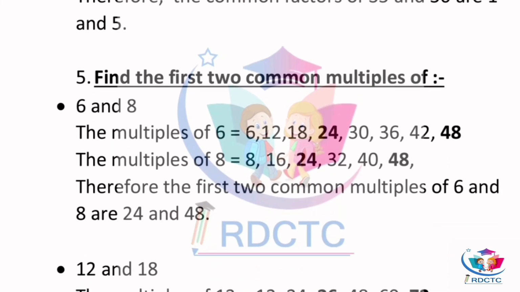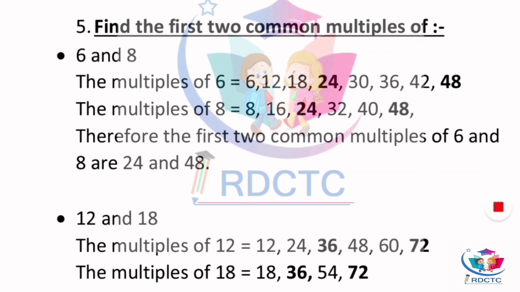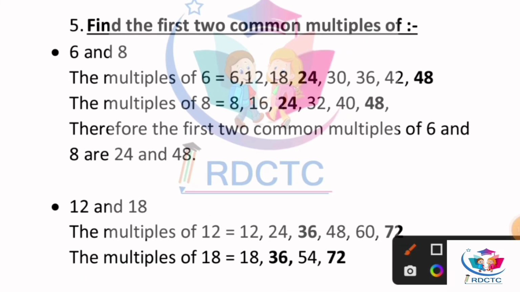Now we have to find the first 2 common multiples of 6 and 8. Here we write the table of 6 up to 8. 6 1s are 6, 6 2s are 12, 6 3s are 18, 6 4s are 24, 6 5s are 30, 6 6s are 36, 6 7s are 42, 6 8s are 48.